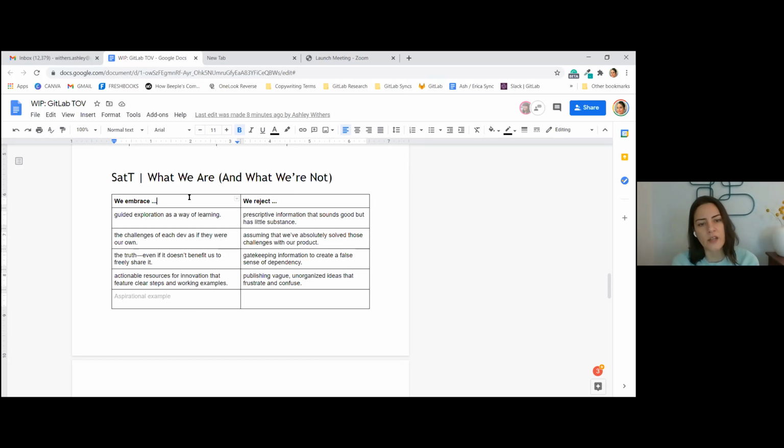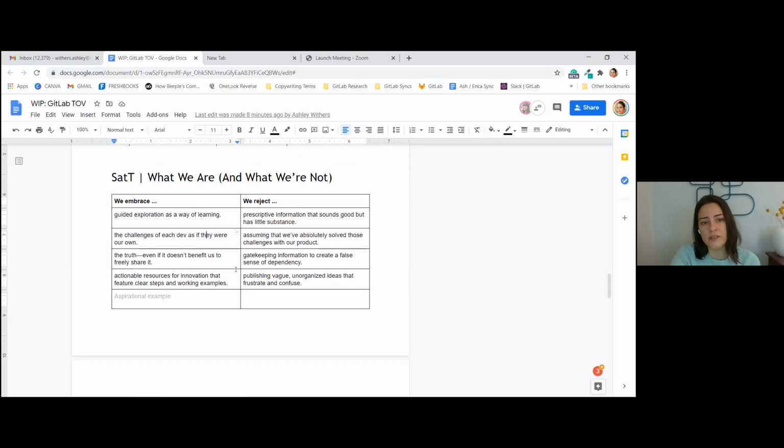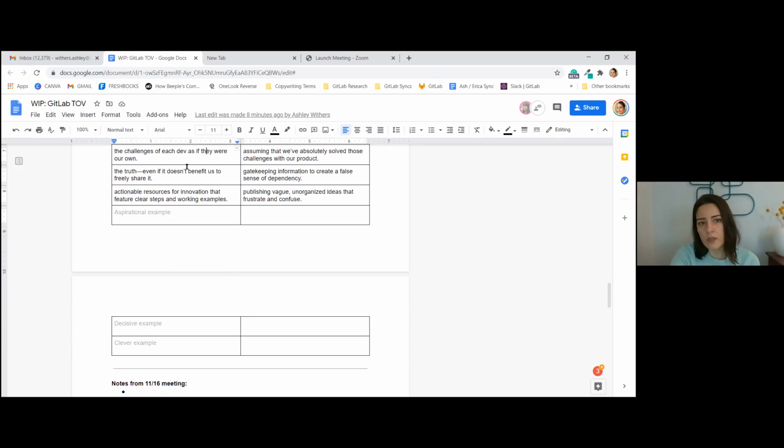We embrace actionable resources for innovation that feature clear steps and working examples. We reject publishing vague, unorganized ideas that frustrate and confuse. And so these are all what you see here with Gray. I need to still fill out these examples, but the ones above are actually all based on the tone of voice traits.